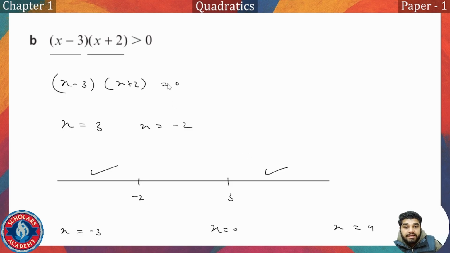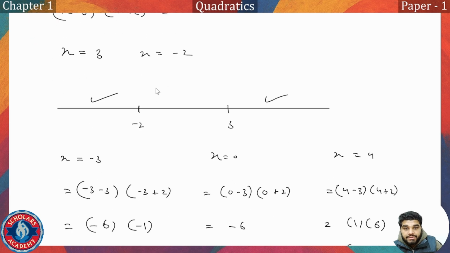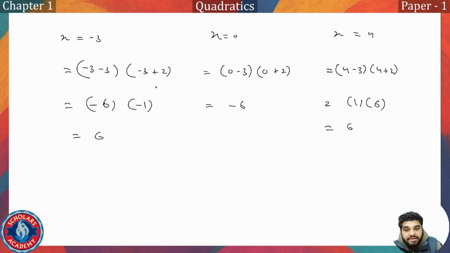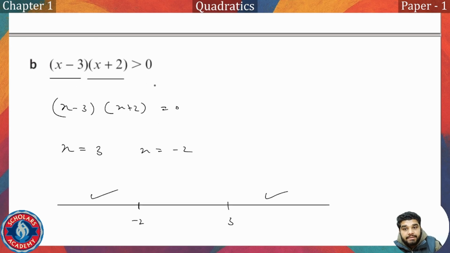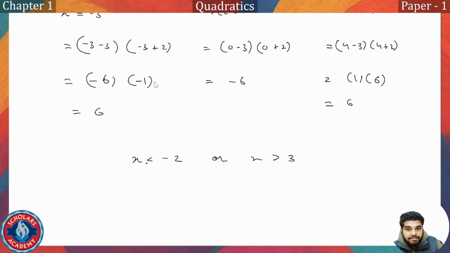We only need values greater than 0, we don't need equal to 0. So the intervals that will satisfy this are x less than -2 or x greater than 3. Whatever value I take from these intervals and substitute over here, the result will be greater than 0. I hope it is clear.